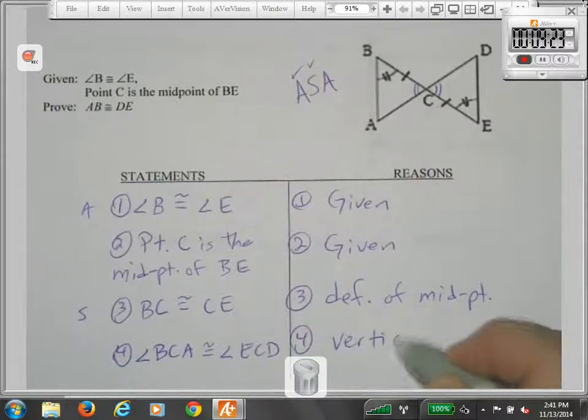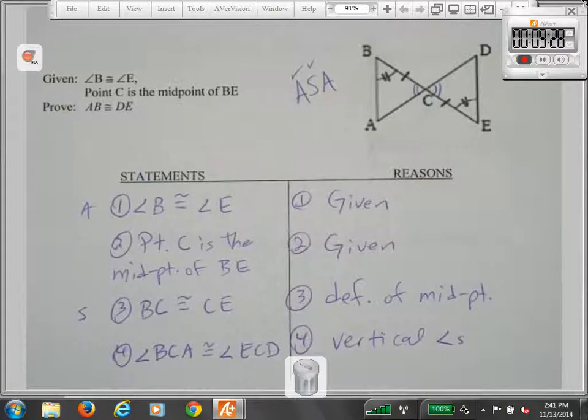How do you show the order? Okay, I started with this angle that's marked, BCA, so I'm going to start with this angle that's marked, ECD. So you just start with the same angle. Right. Make sure that your vertex is listed in the middle.